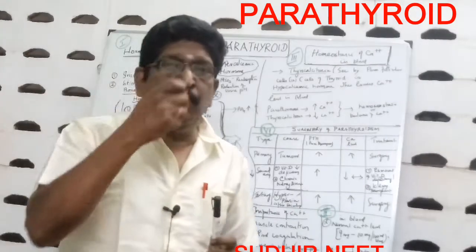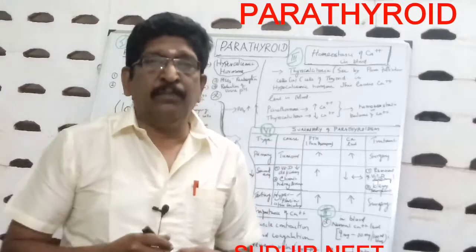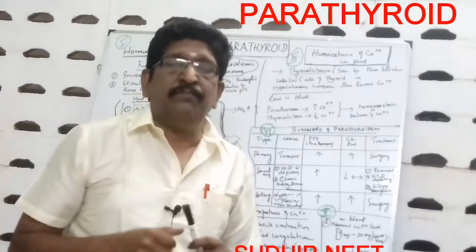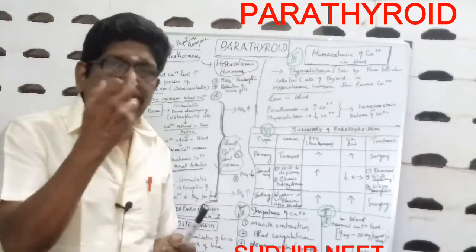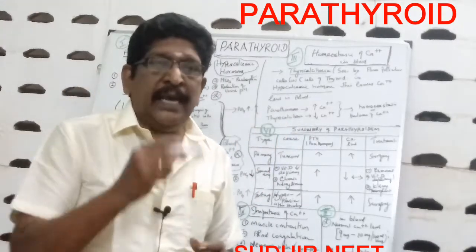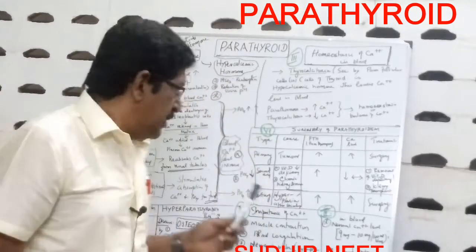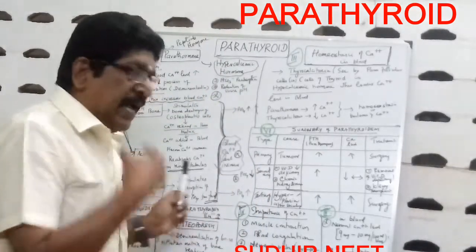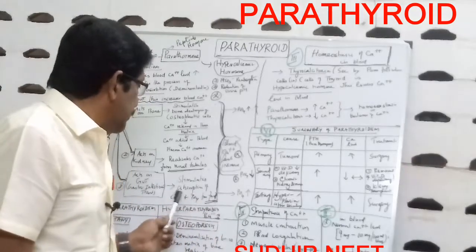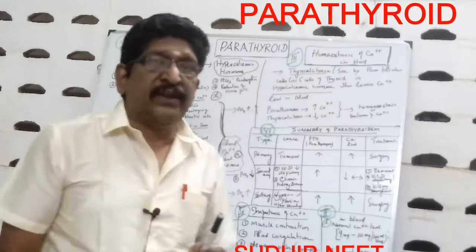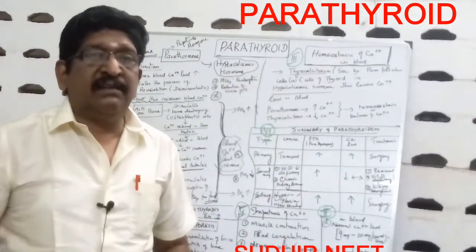You know the renal tubules. Inside the kidney you have nephrons, renal tubules. From the renal tubules, parathormone absorbs calcium and gives it into the bloodstream. The second way. Third, it acts on the gut or gastrointestinal tract. It stimulates the absorption of calcium and phosphate from food, from the intestinal tract.